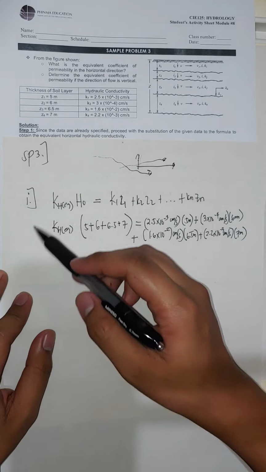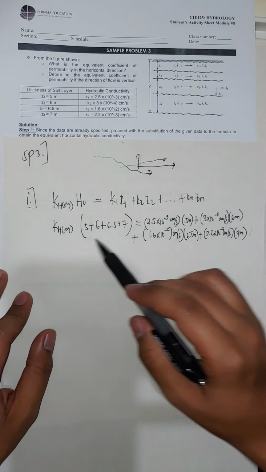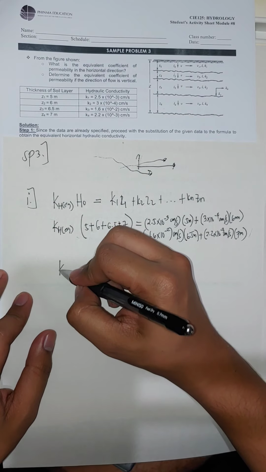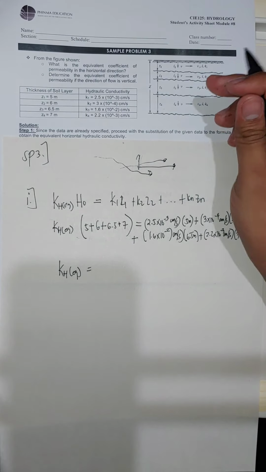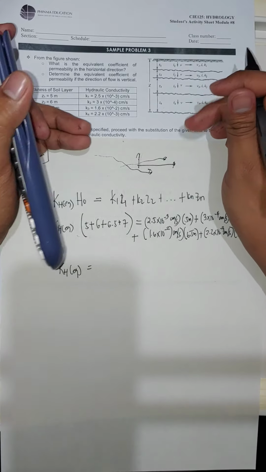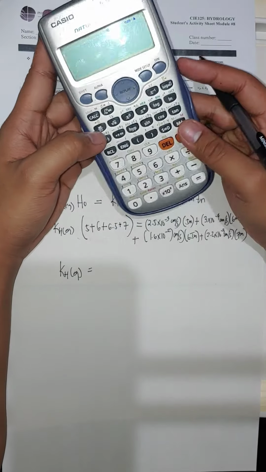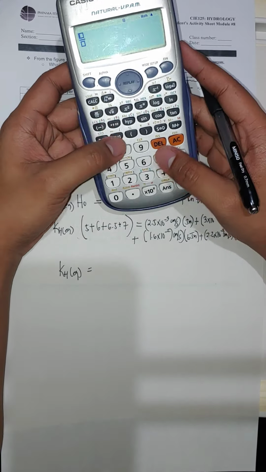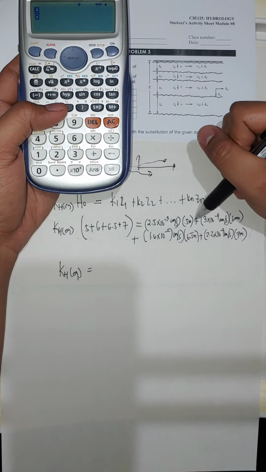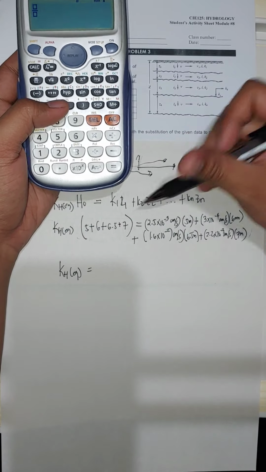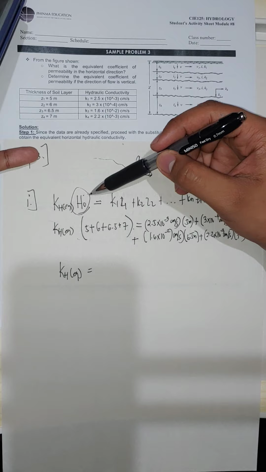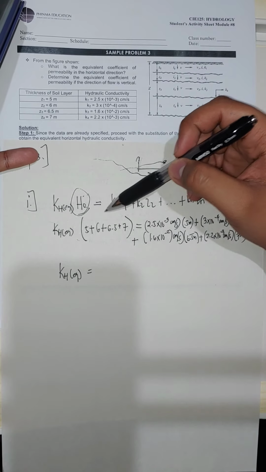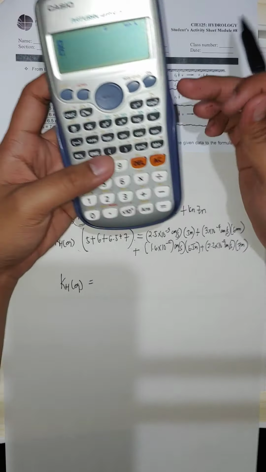Okay, let's say ako na sila i-divide tanan sa ilang total nga thickness. We have KH equivalent horizontal coefficient of flow, that is equal to, kung akong i-solve sa calculator, pwede na ako ni dili i-translate ang units because kaning meters makancel man ni siya sa total nga thickness sa soil. So naka meters man ni, i-divide man ako sa whole equation, so makancel ang meters, so pwede na ako i-change.